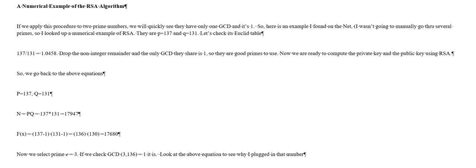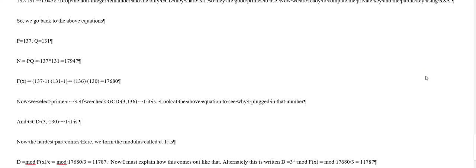If we check GCD 3, 136 equal to 1, it is. In other words, there's only one common denominator, 1. You can look at the above equation and see why I plug that in. If we do the exact same thing for the other one, that is the GCD of 3, 130 equal to 1, it is also.